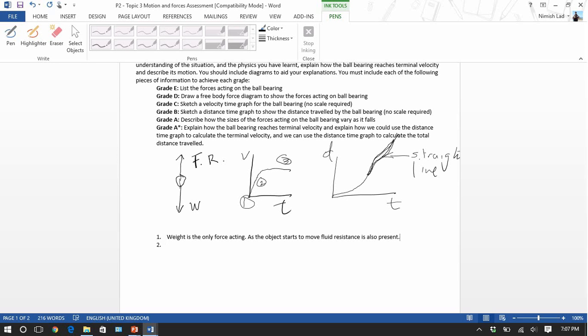Because weight is acting down only, it accelerates down. That's the motion force. Next, that acceleration increases fluid resistance or air resistance.